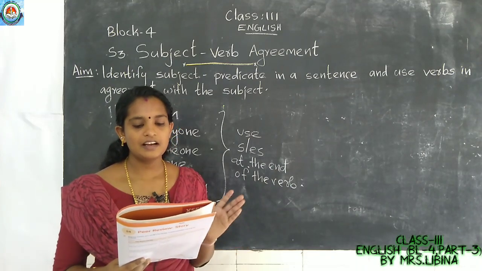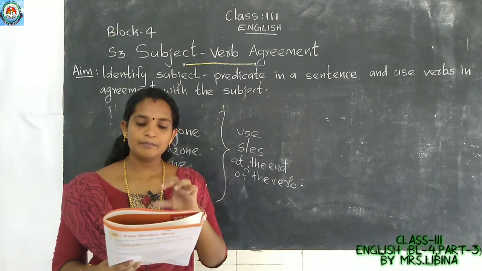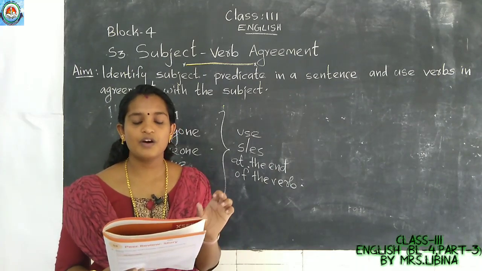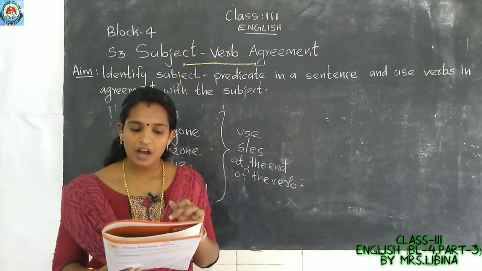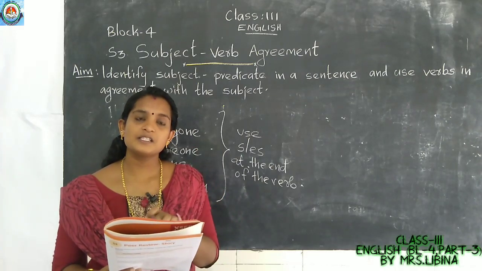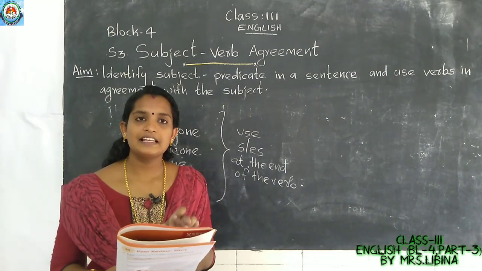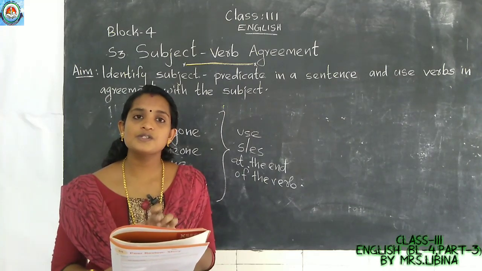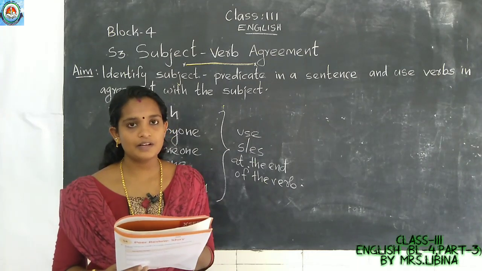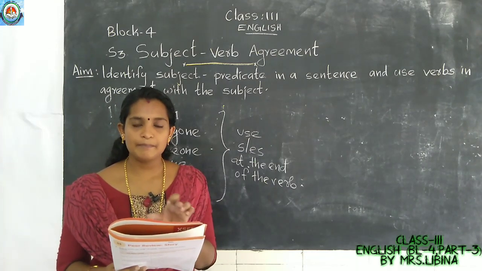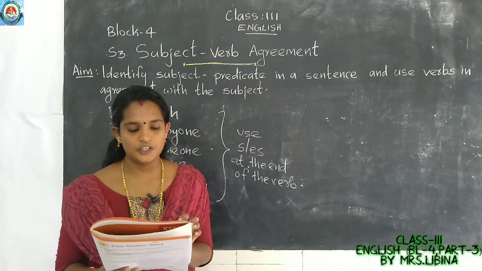No. The little girl, fly in the sky. Here B and C is correct for the little girl. But you have to check which one is more suitable according to this situation. Okay. Then the little girl goes to school. All of you have understood? In that way, with a pencil and scale, you have to match it.